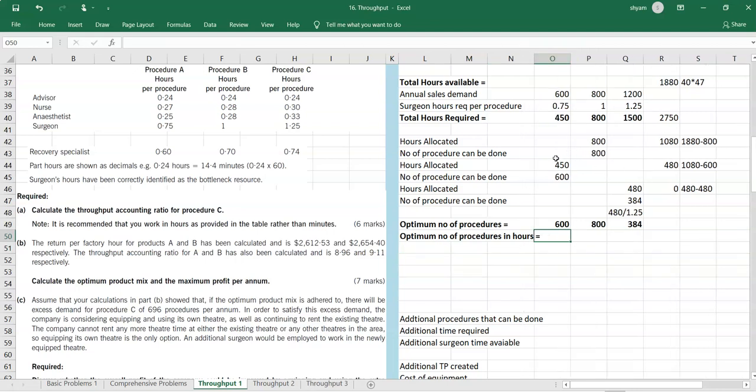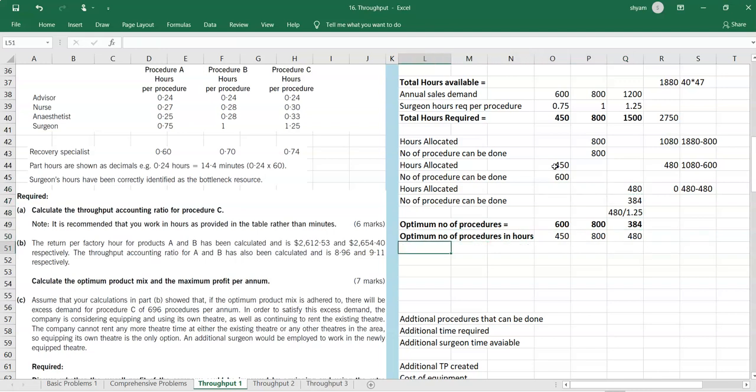So if you see the other numbers, 450, 800, and again here it was 480 hours. Okay, these three numbers are what we require: 450, 800, and 480. Okay, these are the hours.